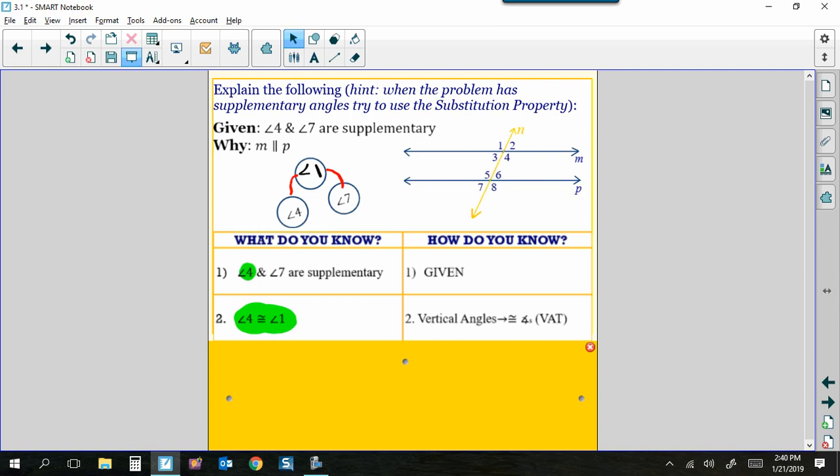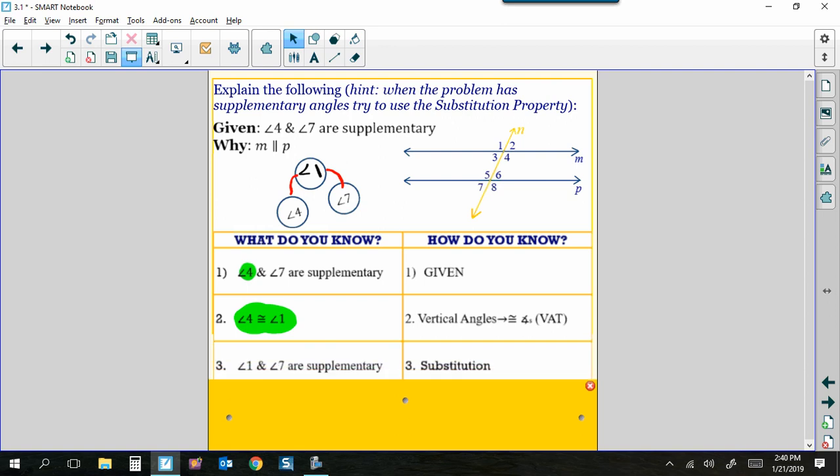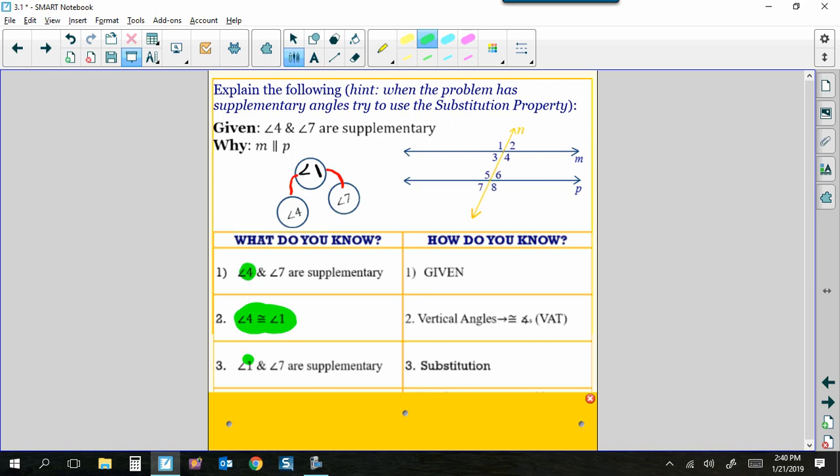I could. So, would it be the same thing saying 4 and 7 are supplementary? Could I now say angle 1 and 7 are supplementary? Well, if 4 and 1 are identical, yeah. That's going to be our next step. That is our substitution property. You are able to plug angle 1 in the place of 4.